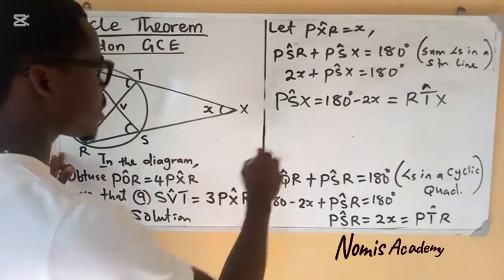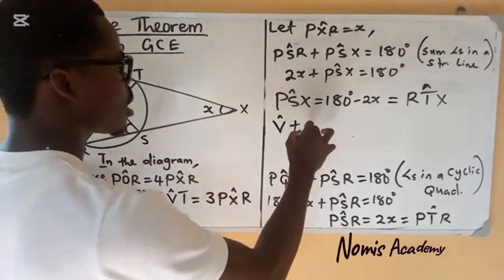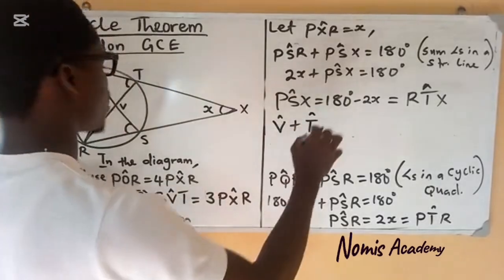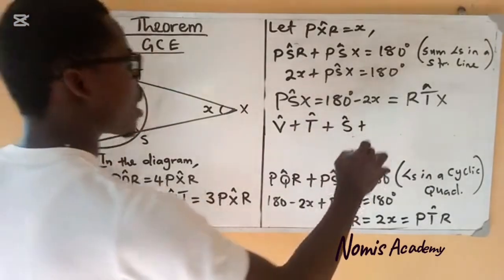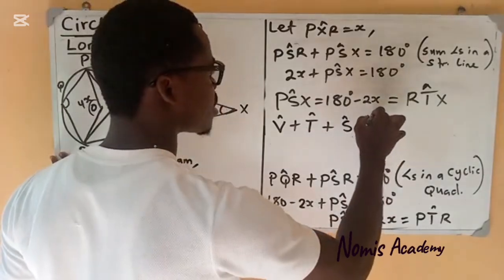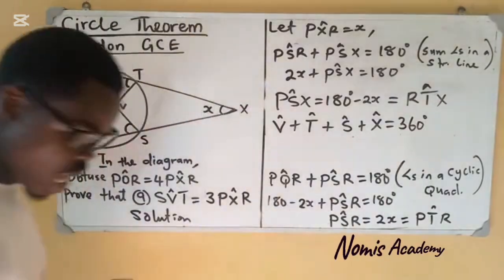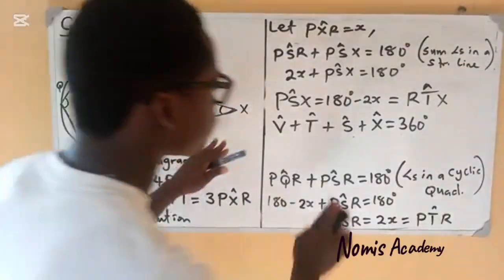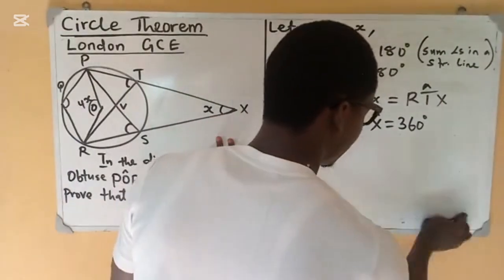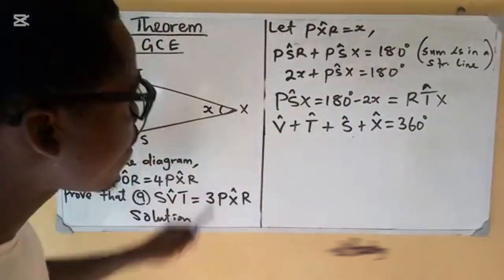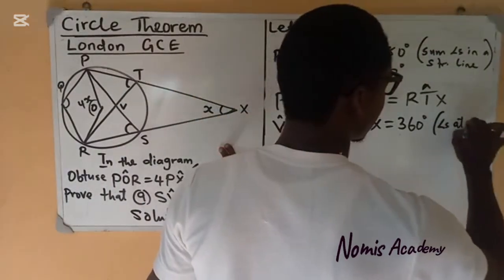We can now say that the angle at V plus the angle at T plus the angle at S plus the angle at X sum up to 360 degrees, angles at a point.